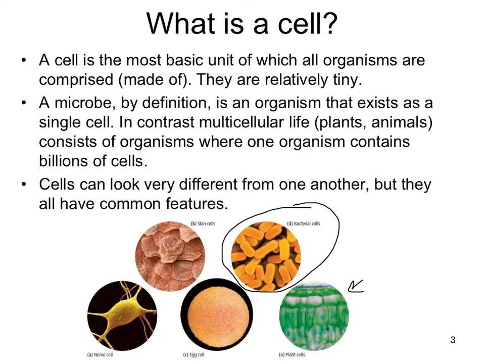So there's a high rate of turnover for the skin cell and a low rate of turnover for the very highly specialized neural cell. And the egg cell has its own particular design so that it can participate in reproduction. They're all very different looking, but they all have common features, as do all cells. That's what we're going to talk about now.